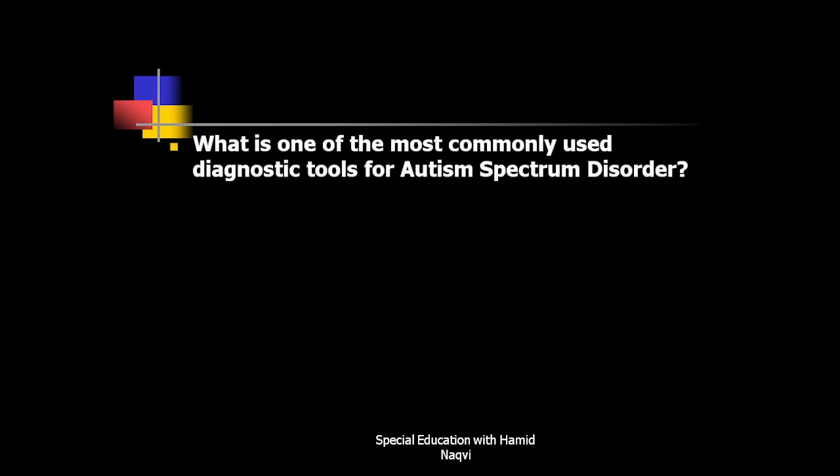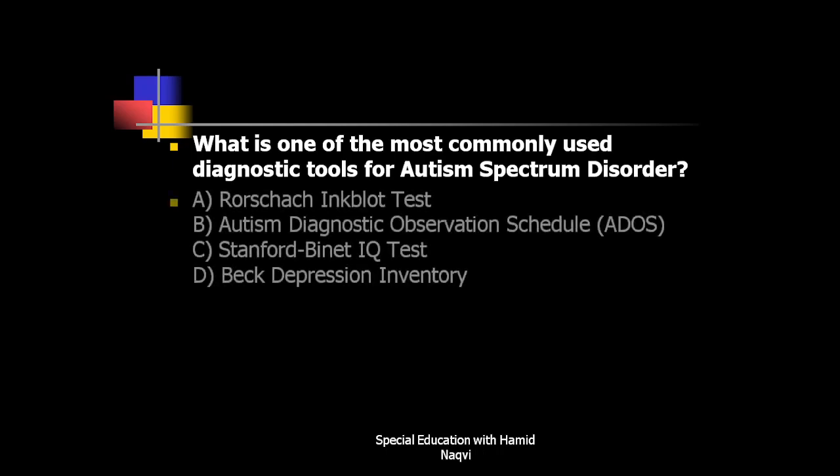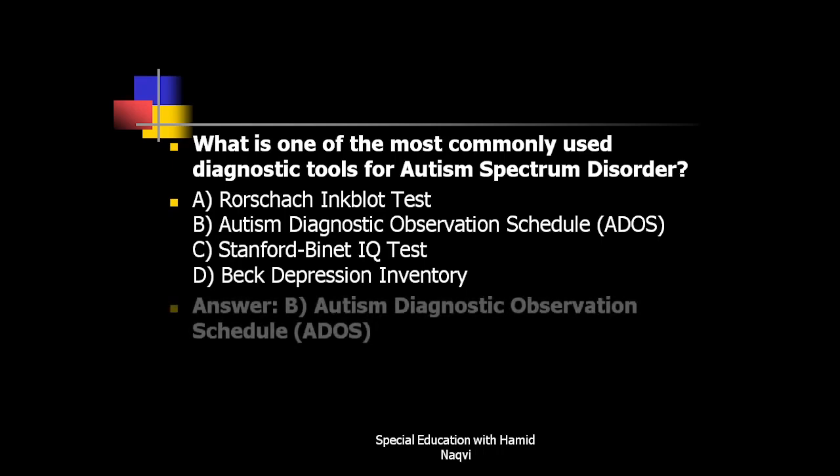Next is what is one of the most commonly used diagnostic tools for autism spectrum disorder? Rorschach's inkblot test, Autism Diagnostic Observation Schedule, Stanford Binet IQ test, or Beck Depression Inventory?